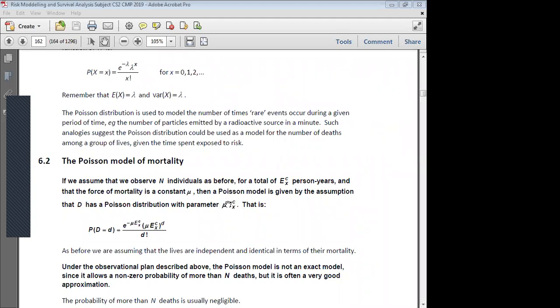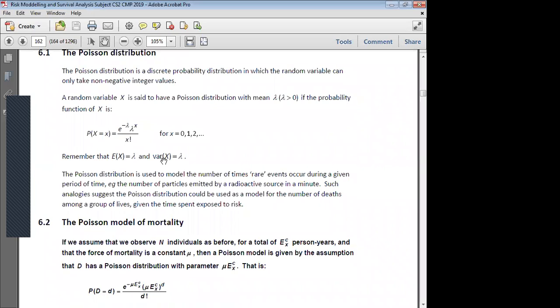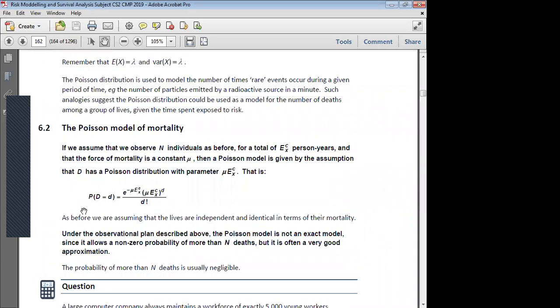As you know, if I'm saying that my X is D here, I know that my expectation of D is lambda and my variance of D is also lambda. So what I'm saying is that the number of deaths that I expect to happen follows a Poisson distribution, and the rate at which these deaths occur is mu times the time they were exposed to risk.